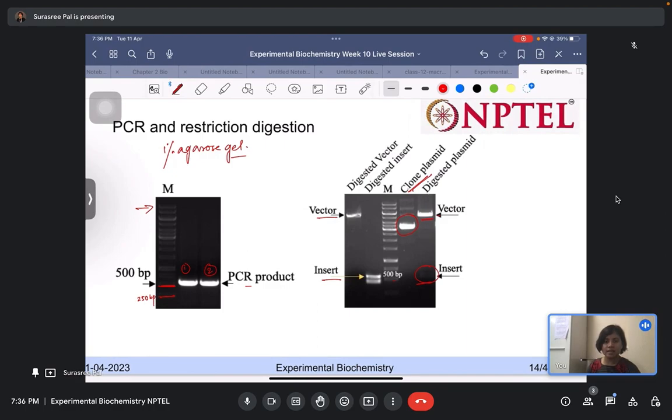So this insert is actually inside this clone plasmid, which has formed a band after this digestion process.